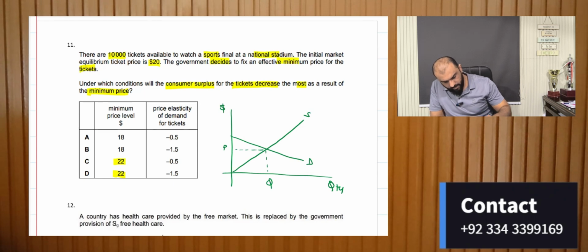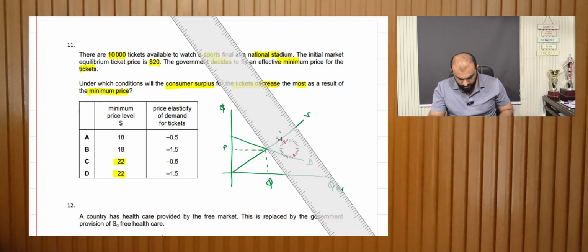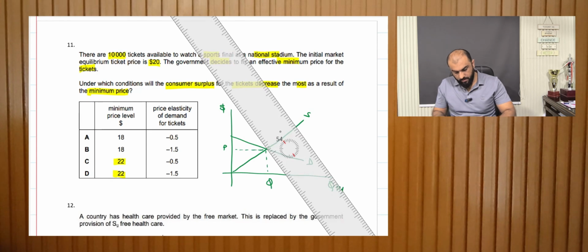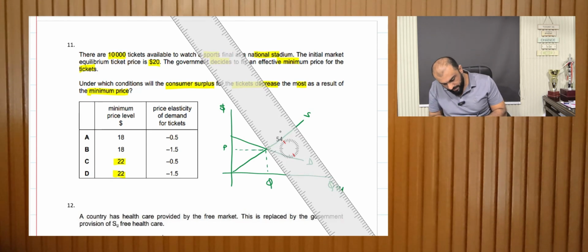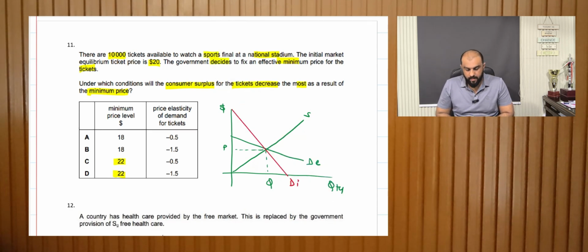And let me make another graph in this concept where I keep my demand inelastic, all right? Now the red line is basically inelastic demand, DI, and DE is basically the elastic demand, right?